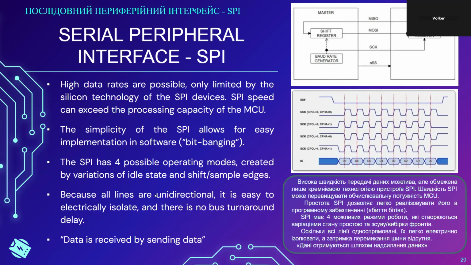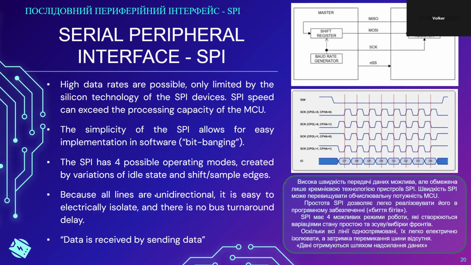I just wanted to show that you have four different operating modes, because you could have two different idle modes. The line could either be idling at 0, or it could be idling at 1. And you could have two different edges, transitions, that indicate the shifting of a bit and the sampling of a bit.